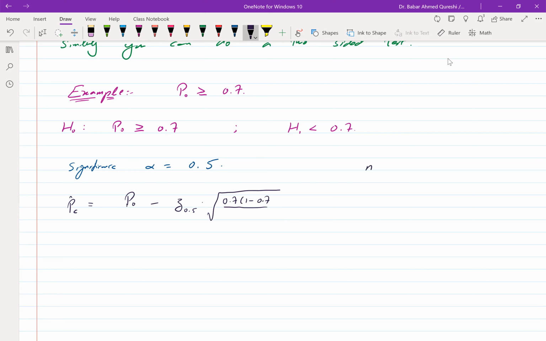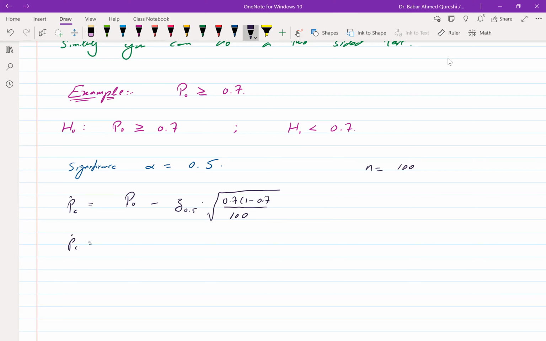And suppose you want to do this test by looking at the results of 100 students who took the course and then failed or passed the admission test. So that's what you have.